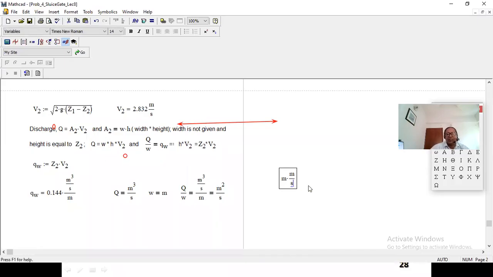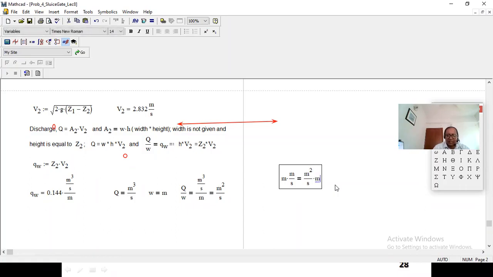Now, then how do we figure out the unit? Q is meter cube per second. You need to figure out this unit, meter cube per second per meter. So what you can do, you see, if you match the unit, you are getting meter square by second.